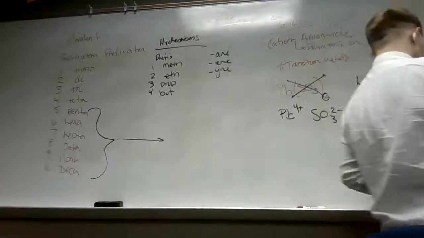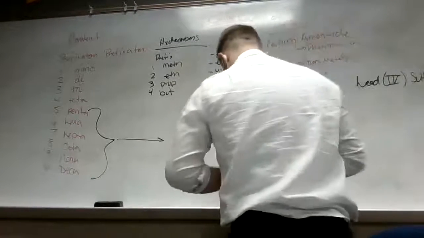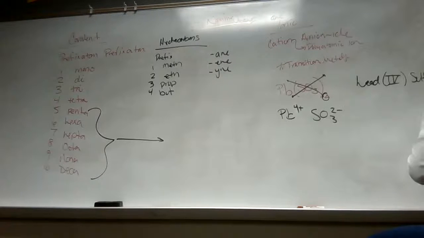Fantastic. And the last naming that we have will be acids and bases. So for your acids, if we have a binary ion, we'll name it with hydro, whatever it is, ic acid.